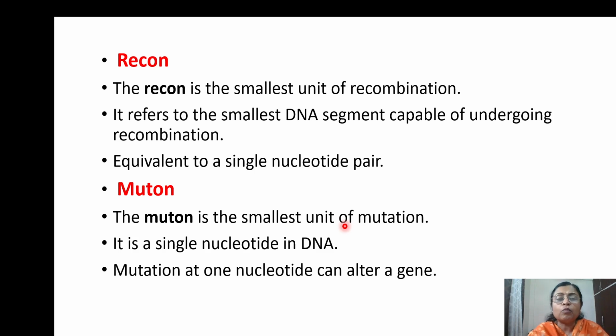Whenever the chromosomes are there, what happens? Recombination takes place either between the arms of different chromosomes or of the same chromosome. So, that is equivalent to the single nucleotide pair.